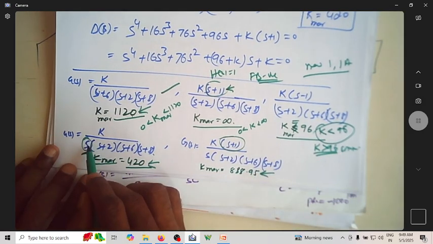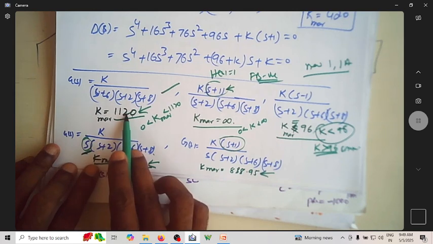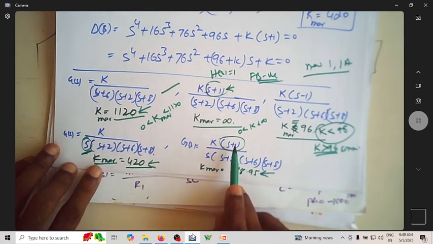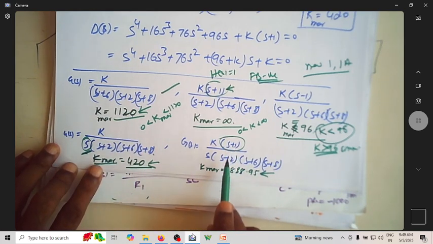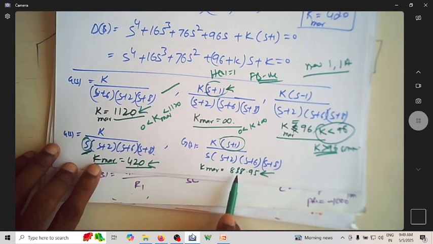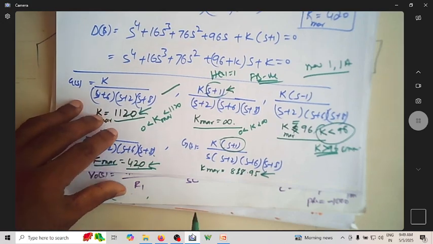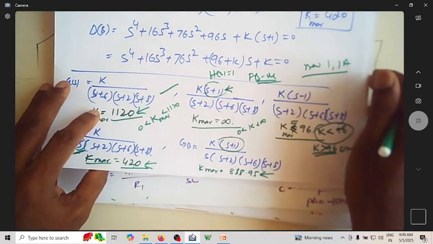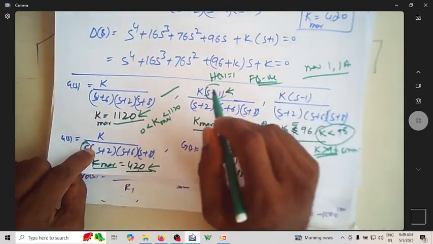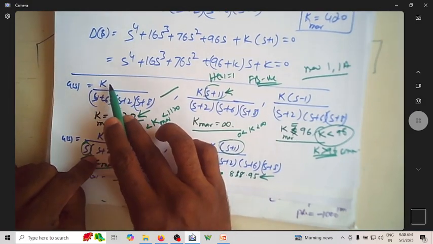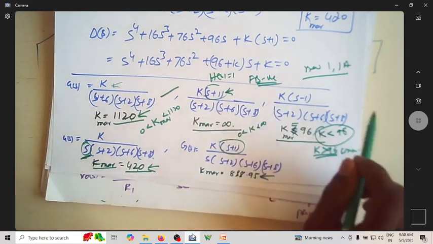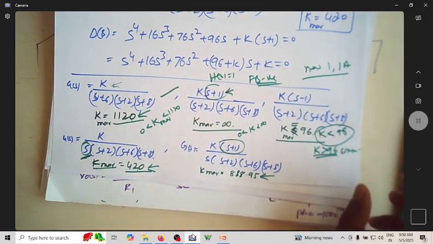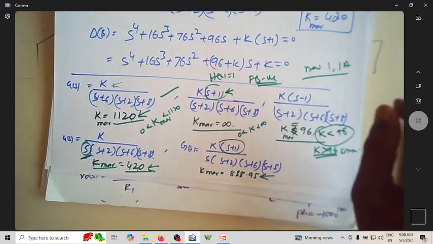Now we added a pole at the origin, and the range is reduced from 1120 to 420. Then we add a 0 at minus 1, and the range from 420 has increased to 888.95. So this is all about how the value of k changes depending on the addition of poles and zeros on a given system.